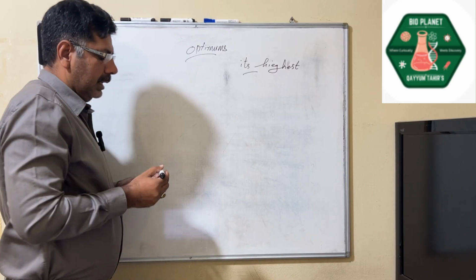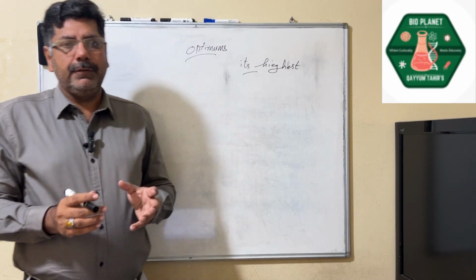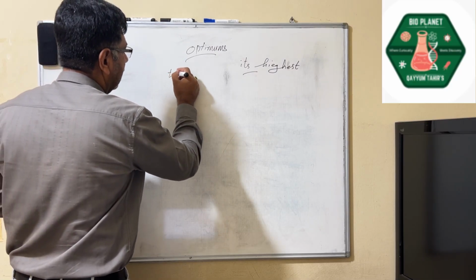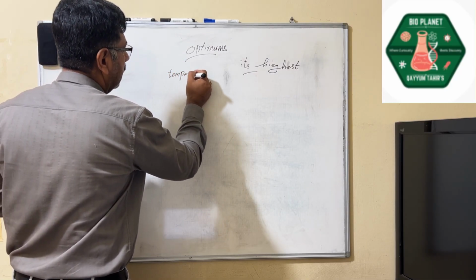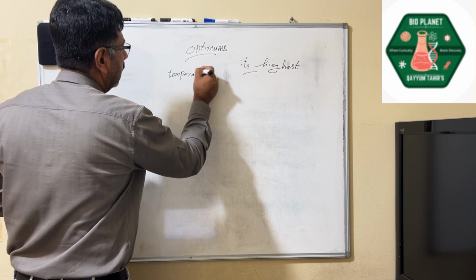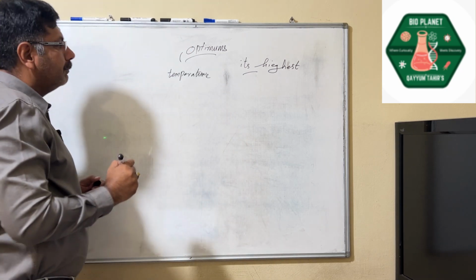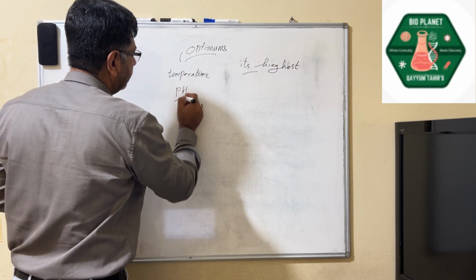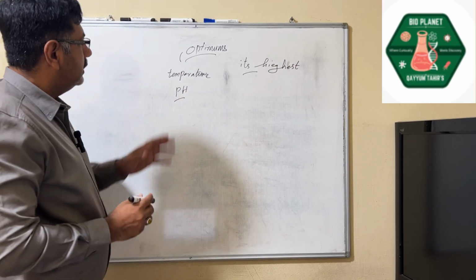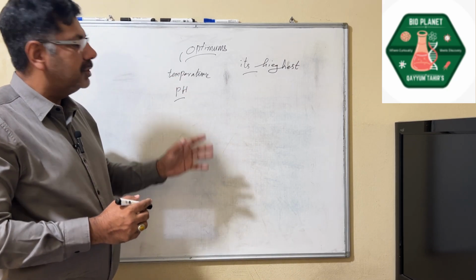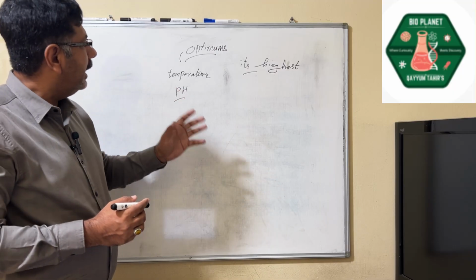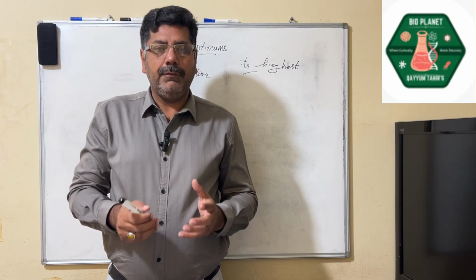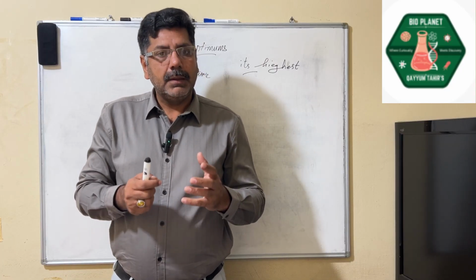Now, the maximum activity of an enzyme occurs at a temperature called the optimum temperature or optimum pH value. So this is the optimum temperature and optimum pH value of an enzyme, where the activity of an enzyme is at its best.